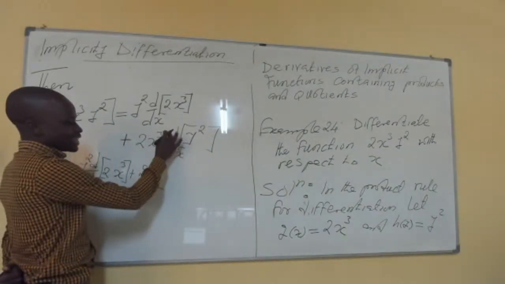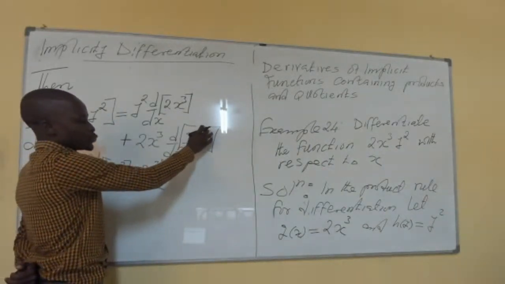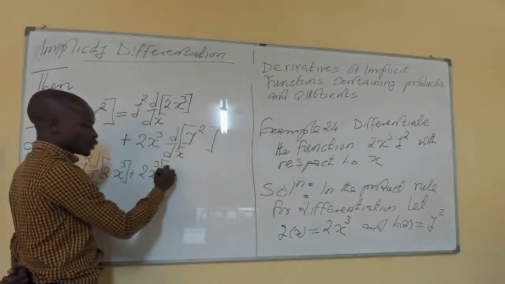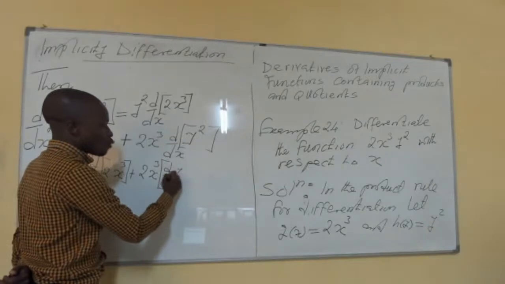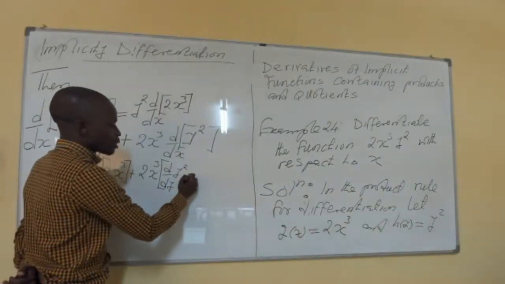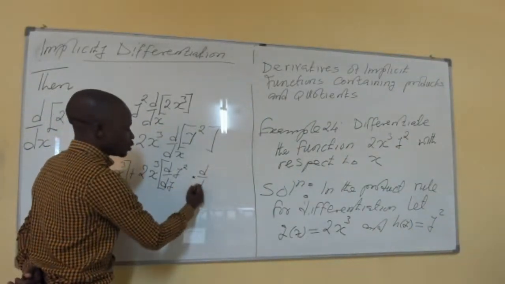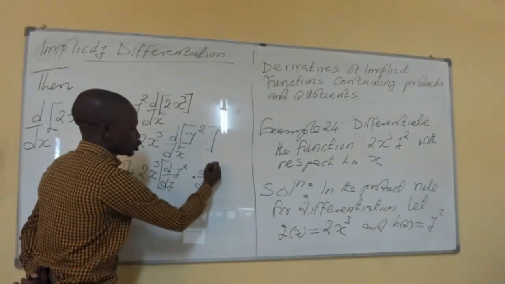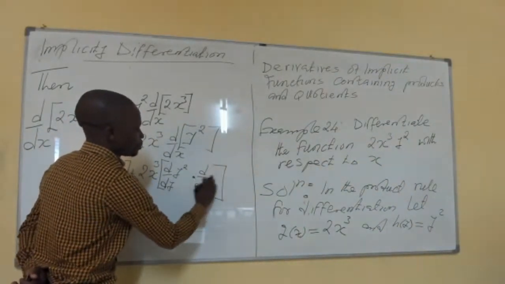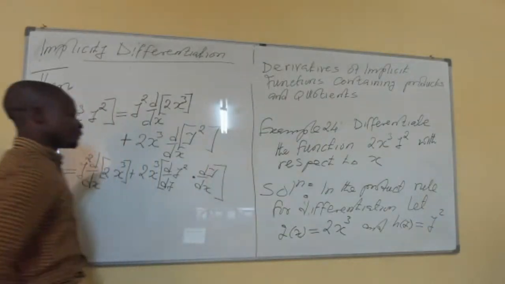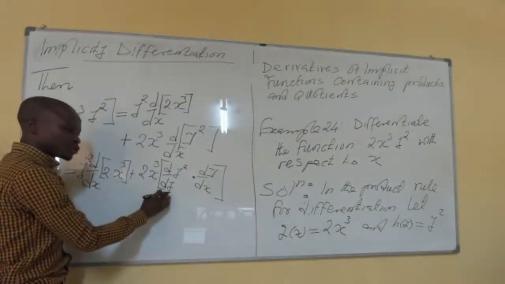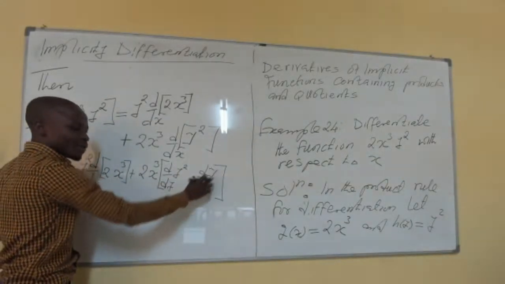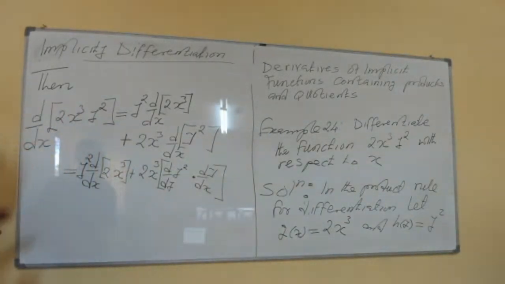So the derivative of y power 2 with respect to x is going to give us the derivative with respect to y of y squared multiplied by the derivative with respect to x of the function y, because y is a function of x. So it will be the derivative of y squared with respect to y times the derivative of y with respect to x.